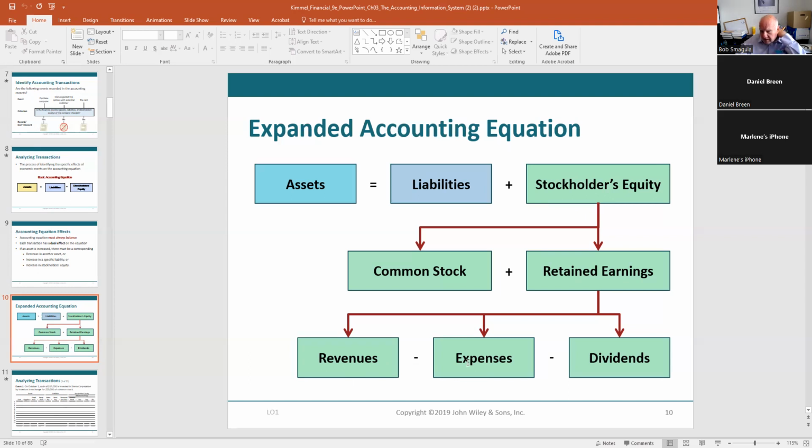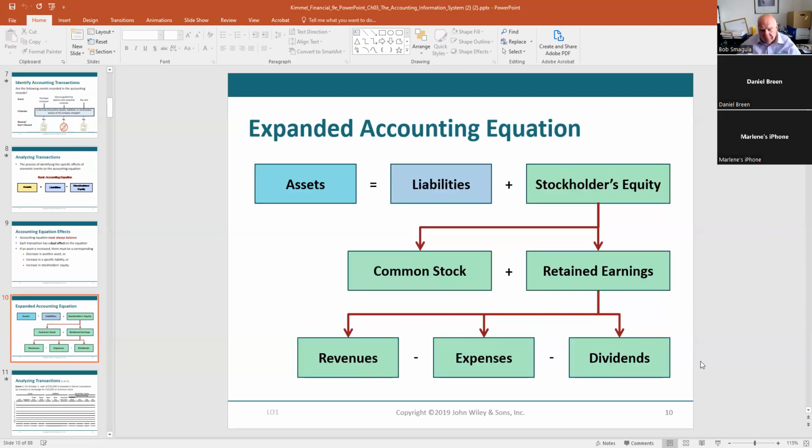Now, a company can decide to give dividends out. Dividends come out of retained earnings. So your template's going to be stockholders' equity, and then you have common stock by itself, retained earnings, and the three components of retained earnings are revenues, expenses, dividends.